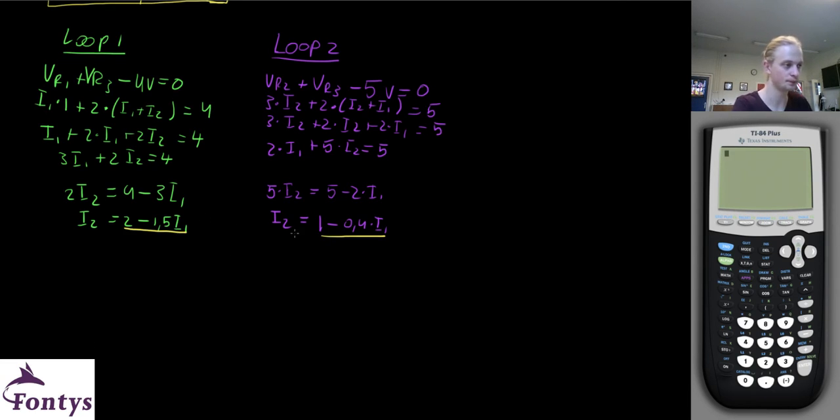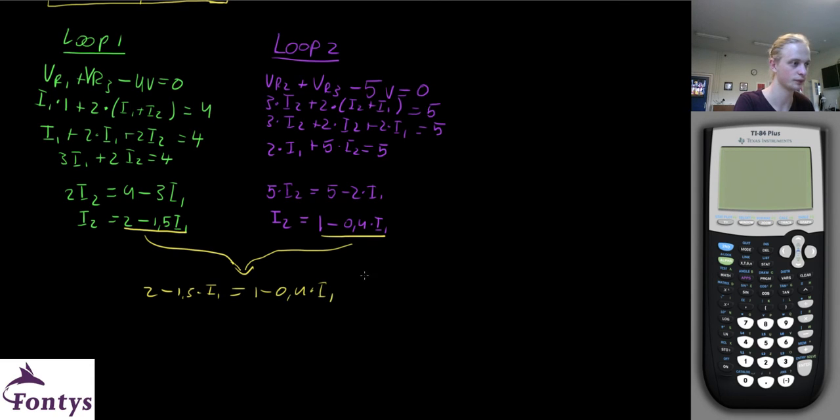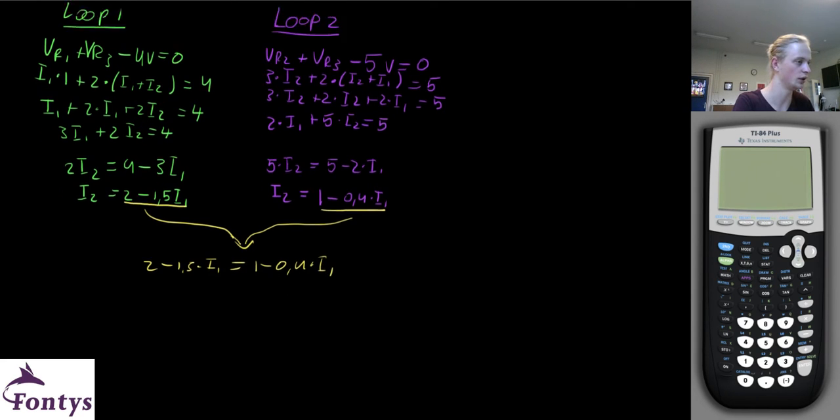So we get that 2 minus 1.5 times I1 is equal to 1 minus 0.4 times I1. That's an equation that we can solve quite easily.